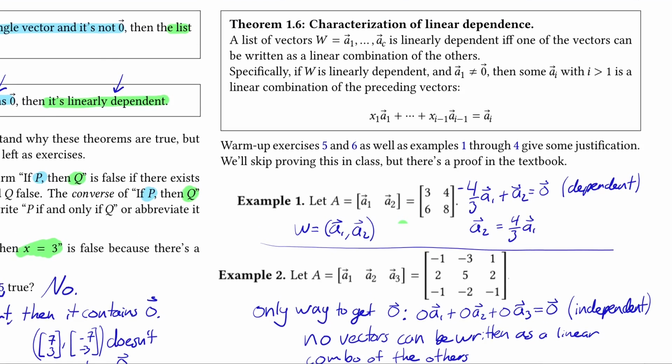So according to this, it should be dependent because one can be written as a linear combination of the other. And the solution of this equation, like the 1 and 4/3 here, goes along exactly with the definition of linear dependence, that you can get the 0 vector with non-zero coefficients here.